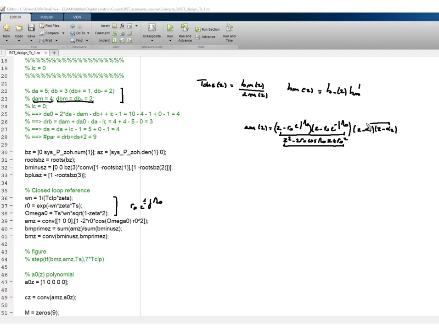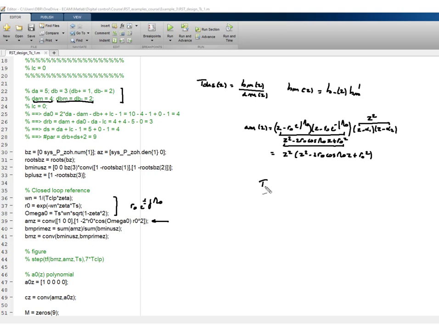And this then becomes z². Okay, so these are fast poles and they will not interfere with the main poles. And this is how you obtain z² times (z² - 2 r0 cos ω0 z + r0²). And this is the AM.